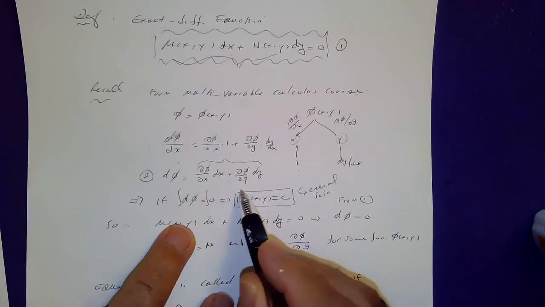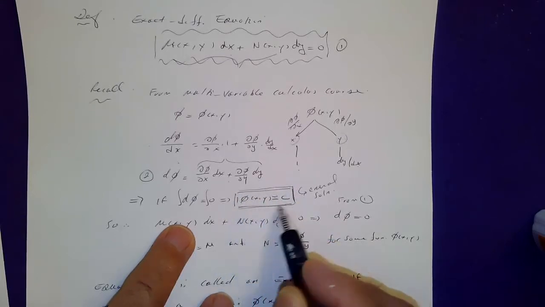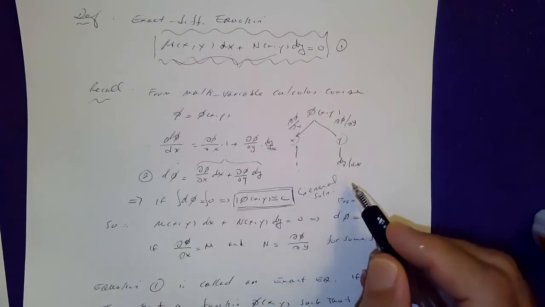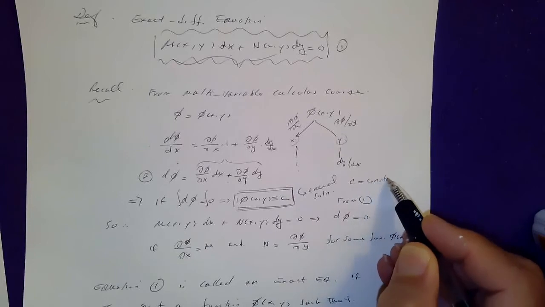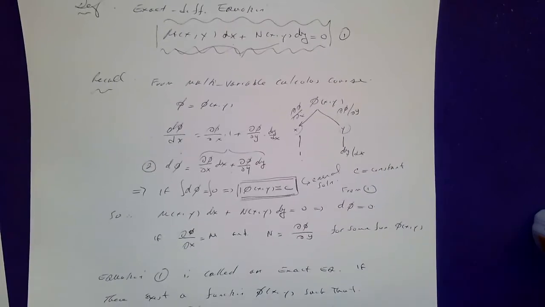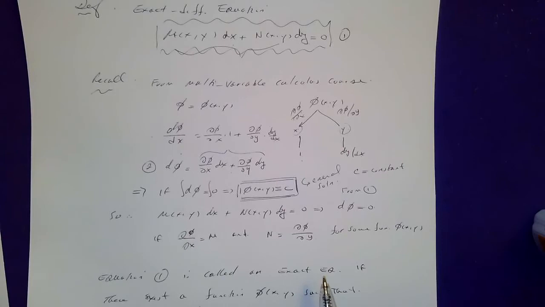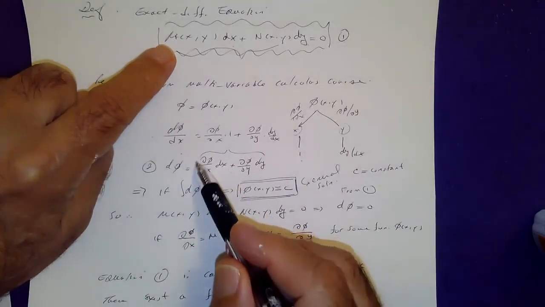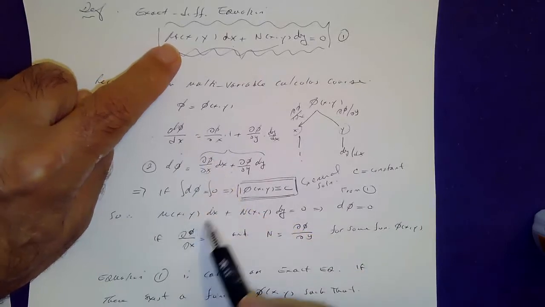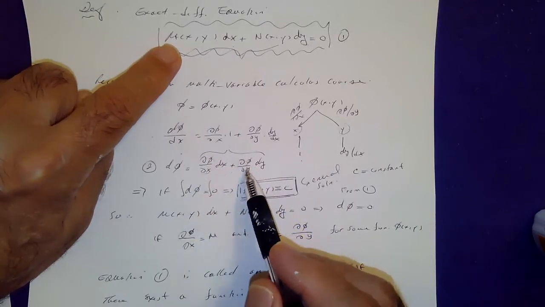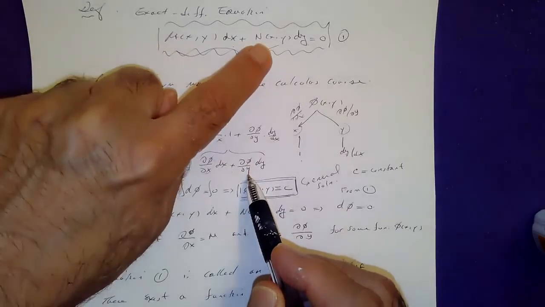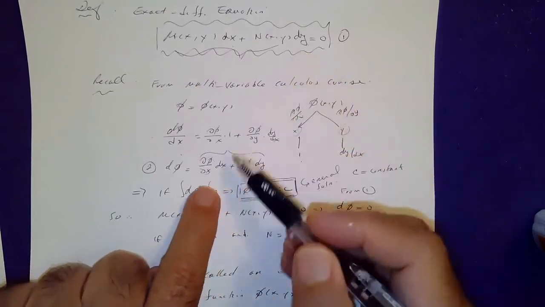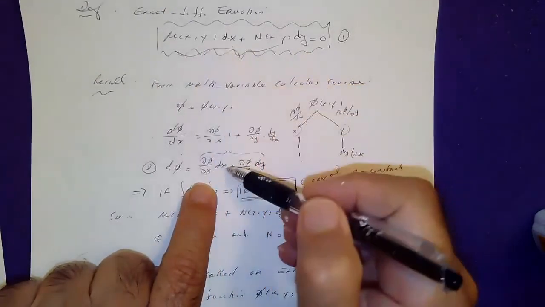It should always be what? A function of x, y equals a constant. So remember, C is a constant. Once again, comparing this form to that form, looks like the partial derivative of my solution with respect to x is M, and the partial derivative of my solution with respect to y is N, because that's the coefficient of dy, and this guy is the coefficient of dx.